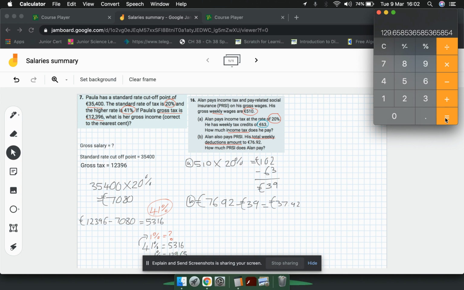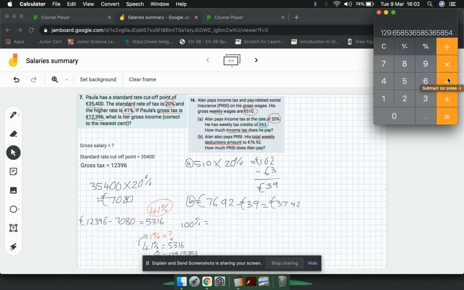0.65853, and I'll just leave it there. So what would 100% be worth? 100% would be equal to 100 times that. Actually, I have to give myself room because you're not able to see that, are you? So 1% is equal to that. What is 100% worth? You multiply that number, 129, by 100.